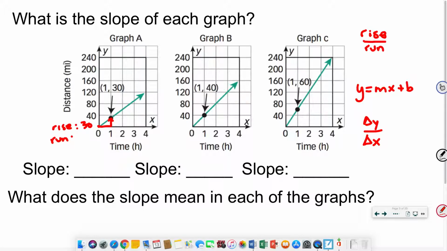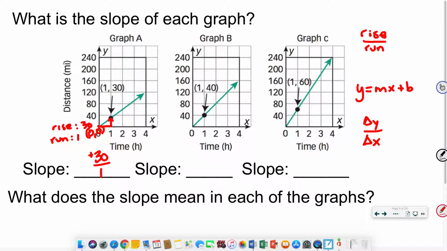So our change in y here, this first coordinate was 0, 0. We went from a y value of 0 to a y value of 30, which would be my positive 30, and then an x value of 0 to an x value of 1, which would be our positive 1. How would we find the slope of graph B?